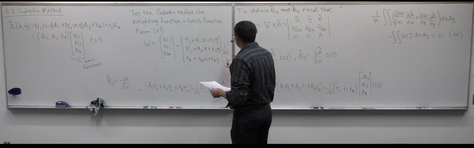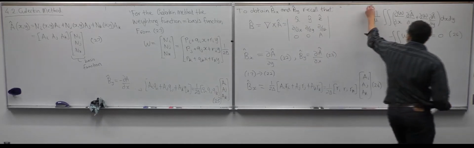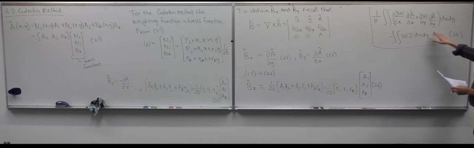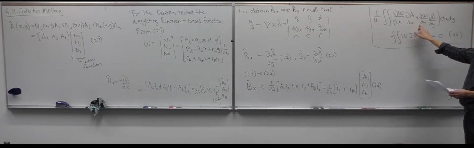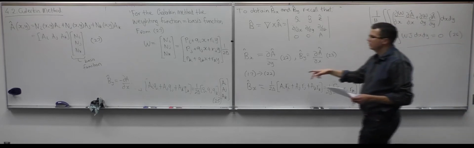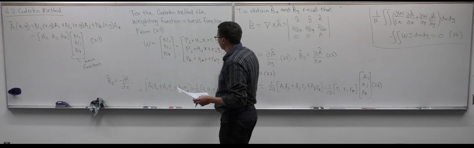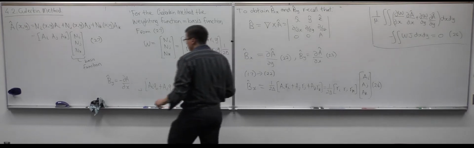Now in order to evaluate our weighting function in this functional here, we've got to take the derivative of the weighting function with respect to x and the weighting function with respect to y. So this is our weighting function here, equal to our basis function. So let's take the derivative with respect to x and y and see what we get.